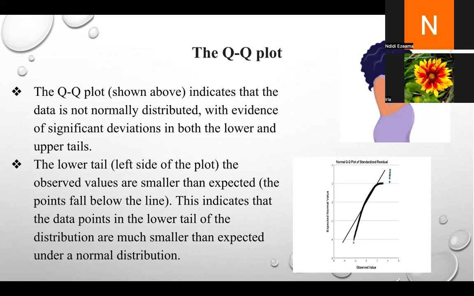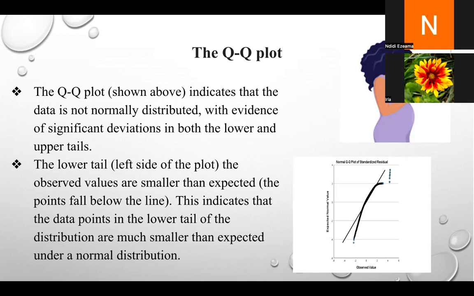As we can see from the plot, there are significant deviations from the line, especially in both the lower and upper tails. The points in the lower tail on the left side fall below the expected line, which means the observed values are smaller than what we would expect under a normal distribution.